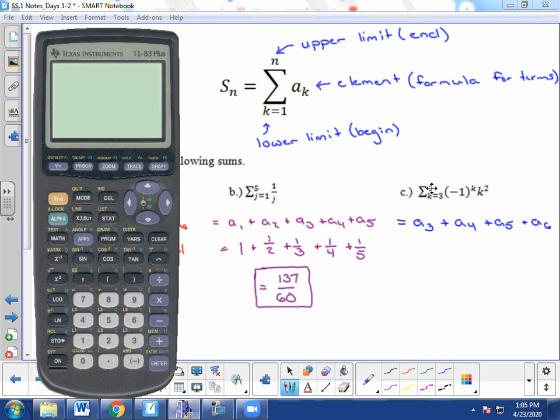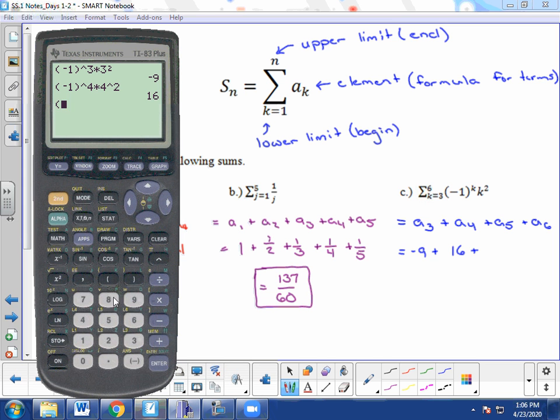So I want to find those individual terms. I'm going to use my calculator here because this may be a little bit more difficult. So negative 1 to the third power times 3 squared would give me negative 9 for my first term. My second term is going to be negative 1 to the fourth power times 4 squared, which is 16.